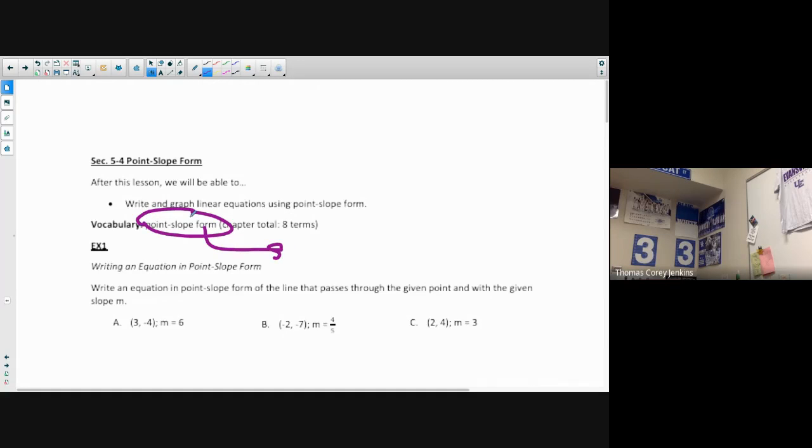The equation for a line in point-slope form is y minus y1 equals m times the quantity x minus x1. So not nearly as simple as what you see with slope-intercept form, just y equals mx plus b.